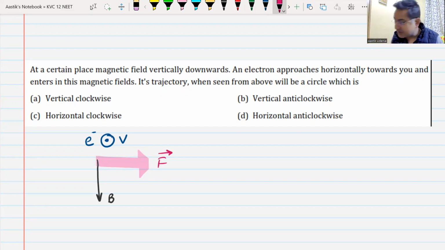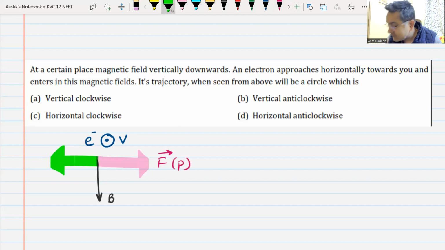So it will start to rotate in this circle. But remember, it's an electron. So this is the force on a proton. So I'll just write, this is the force if this was a positive charge. For an electron, the force would be like this.